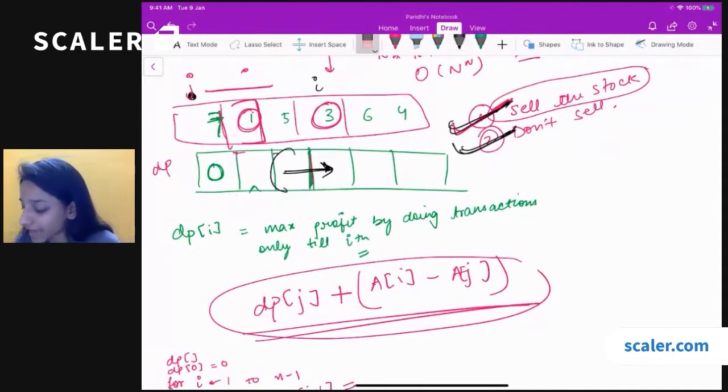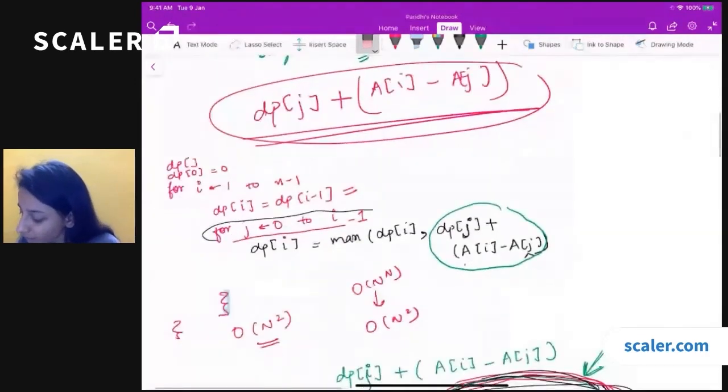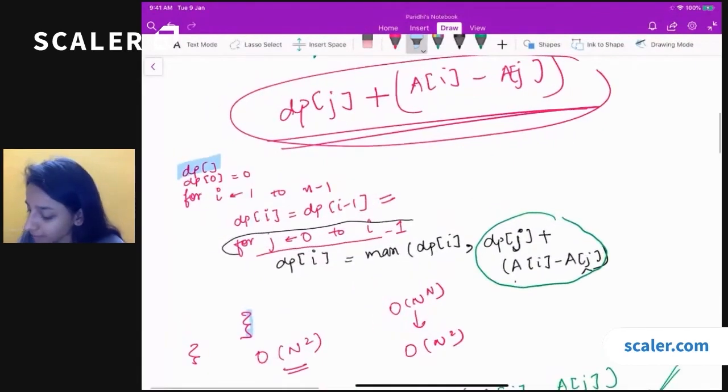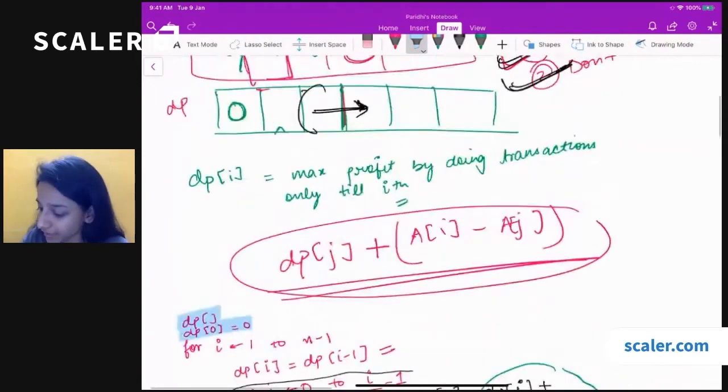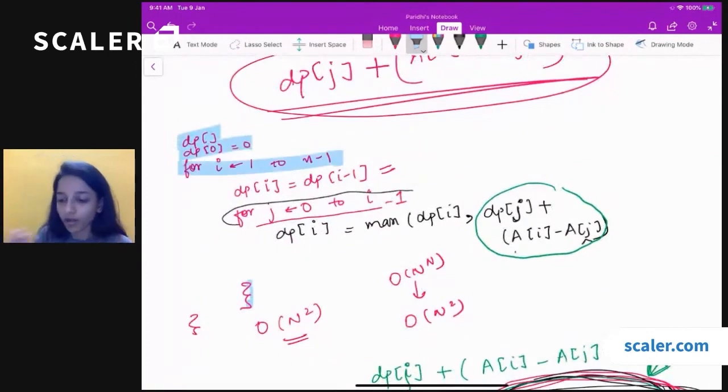So that's what the DP solution is, of order n square. The pseudocode says that we'll take the DP array, then DP of 0 will be initialized to 0, because of the condition I mentioned, that even if we buy it, we cannot sell it. We will go through all the elements from position 1 all the way till n minus 1.